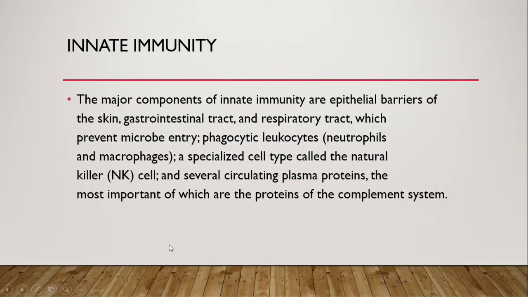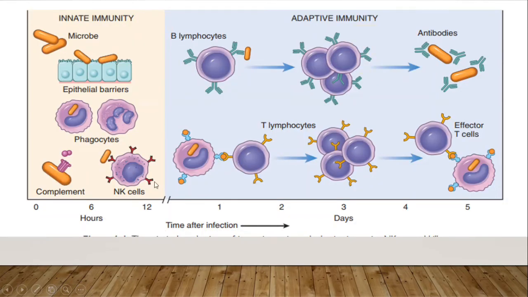Here the components of innate immunity and adaptive immunity are shown. Innate immunity includes epithelial barriers, phagocytic cells, complement proteins, and natural killer cells. In adaptive immunity, the components are B lymphocytes and T lymphocytes.